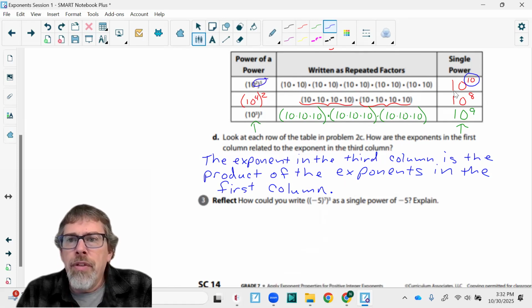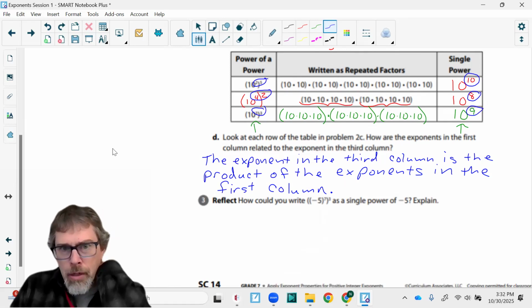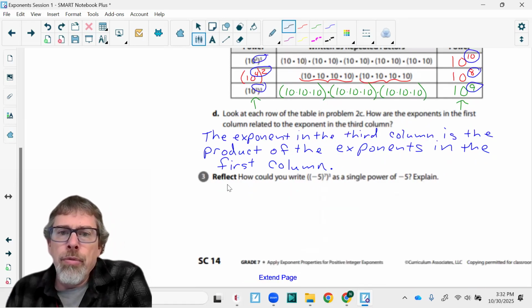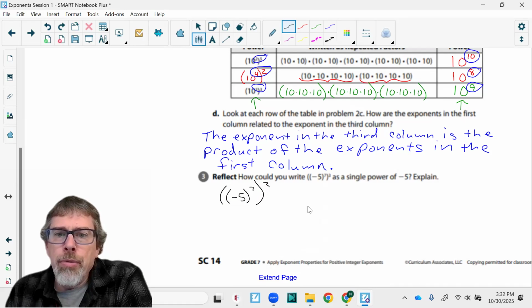2 times 5, 10. 4 times 2, 8. 3 times 3, 9. All right, so now it says reflect. How could you write -5 to the 7th power cubed as a single power of -5?